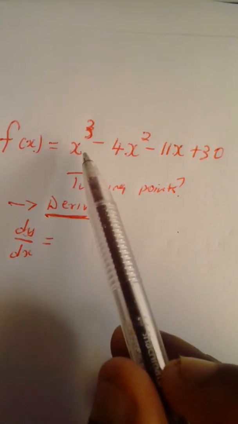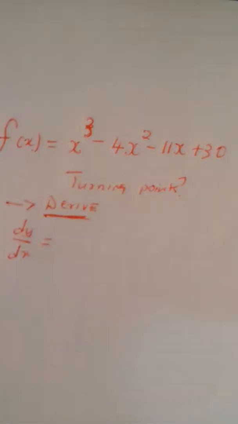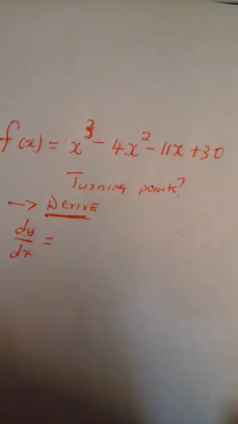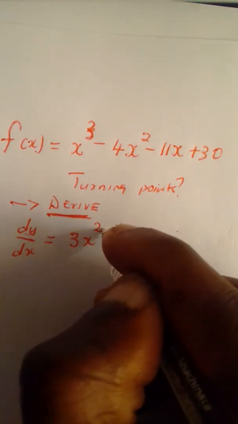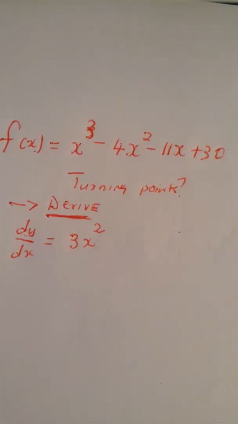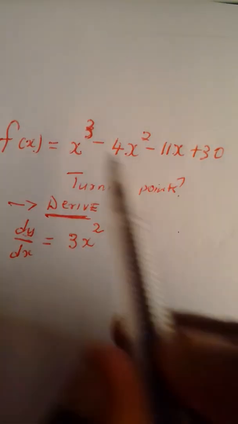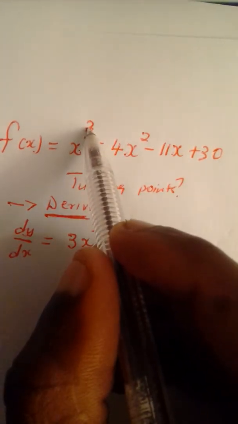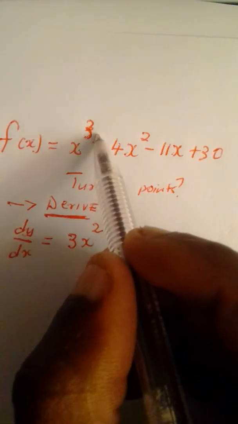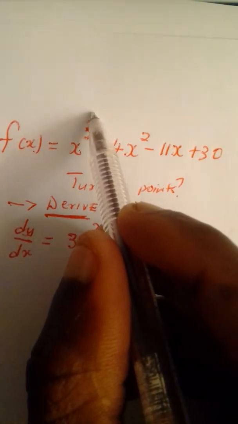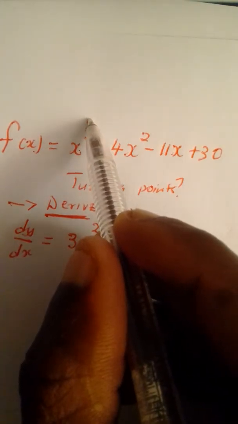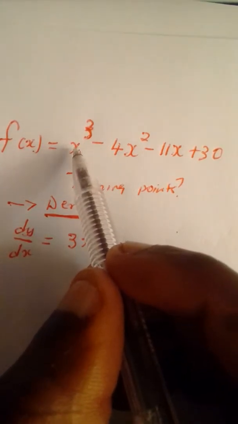So you derive x cubed. What is the derivative of x cubed? It is 3x squared. And how did I find that the derivative of x cubed is 3x squared? When you derive x cubed, you always go for the exponent, guys. The exponent is 3. So you take the exponent and multiply it with the coefficient of x.